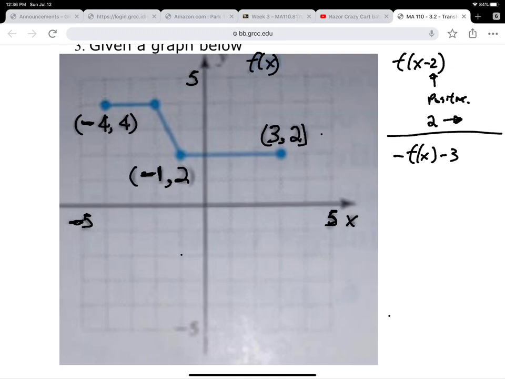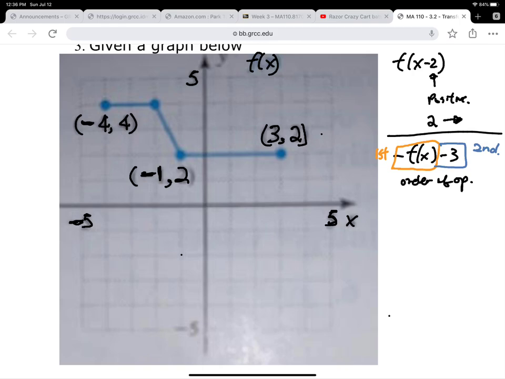Think about order of operations. Order of operations says you need to do multiplication before adding or subtracting. So I need to focus on this first, and then worry about this.